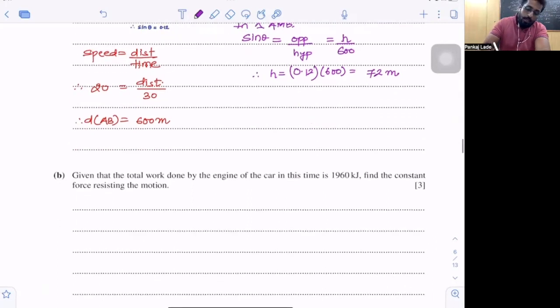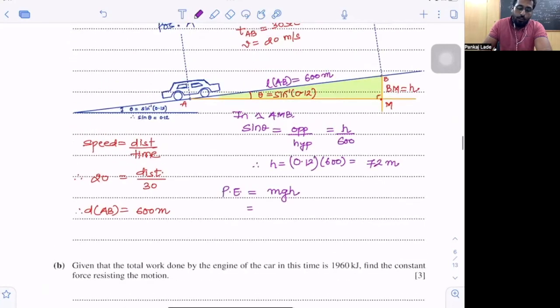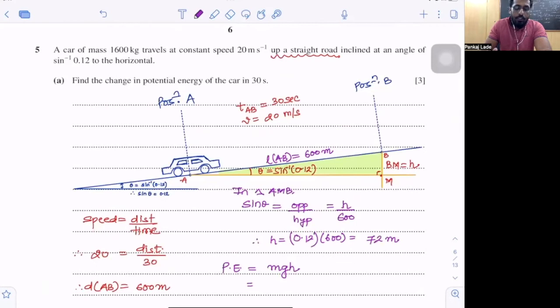So I know that potential energy is given by the formula mgh. Now since the body is moving up, right, the body is going to possess more potential energy now. So this is mgh. So m is how much? So this weight of the car was 1600 kg. The mass is 1600 kg.